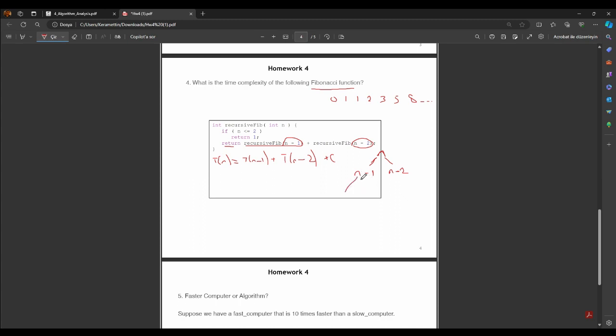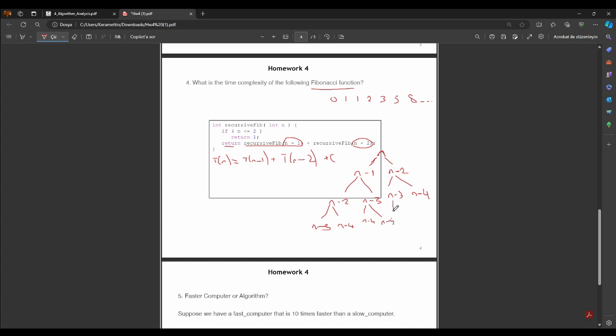This also will be n minus 3 and n minus 3, and it will be n minus 3 and n minus 4, and it also goes like n minus 3 and n minus 4, and it will go n minus 4 and n minus 5.